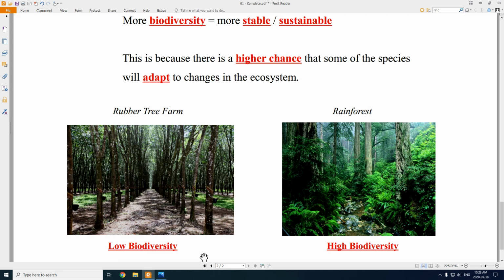But if we have a limited number of plants and animals to choose from, there's not much we can do with it. Right? So that high biodiversity, it's beneficial for humans because it gives us more varied plants and animals to choose from in order to find a solution for something.